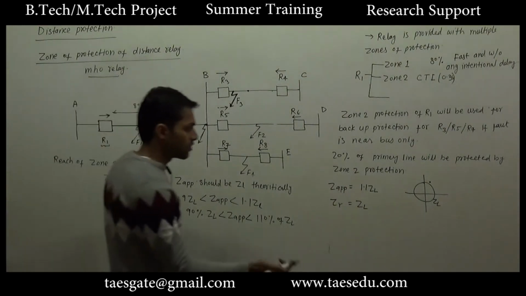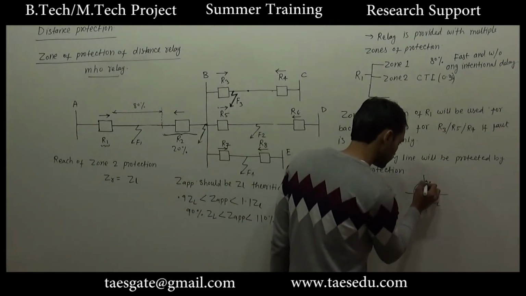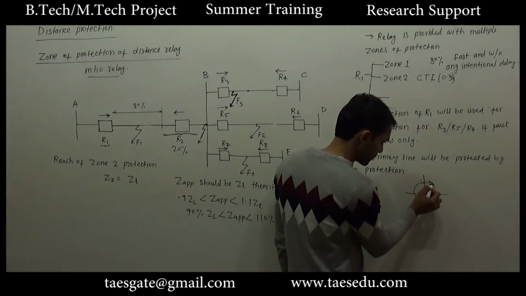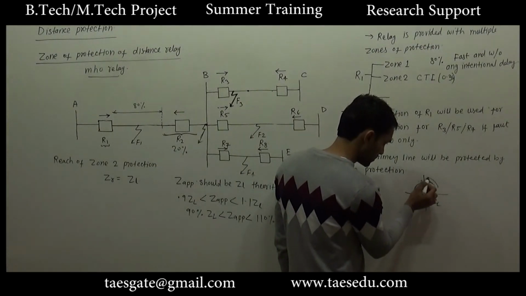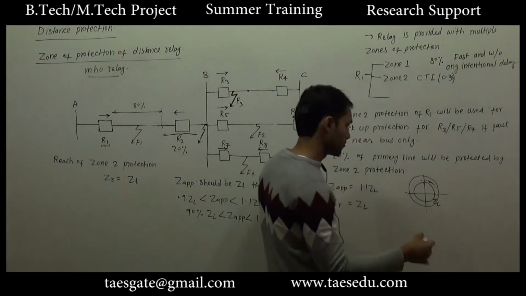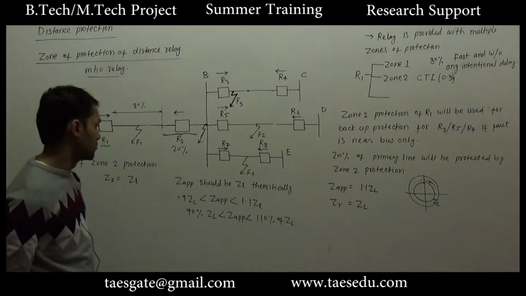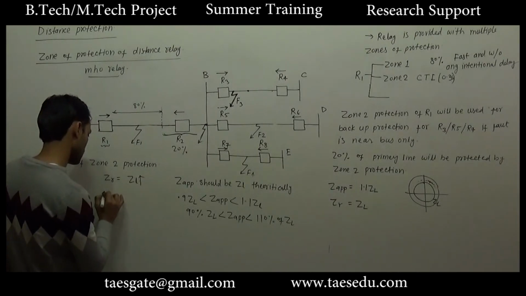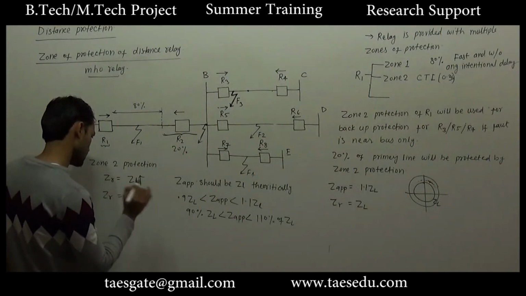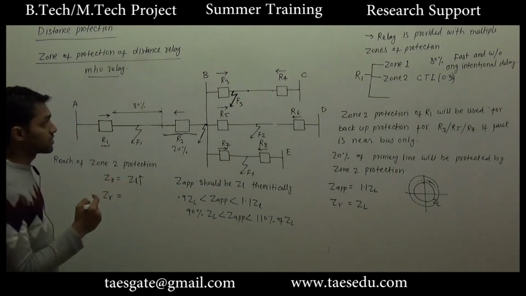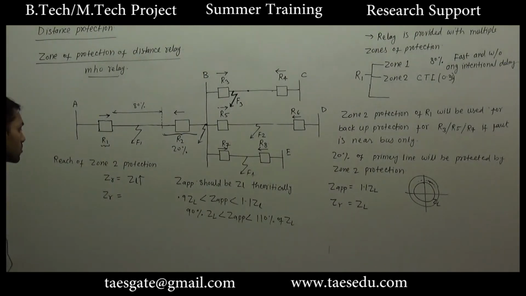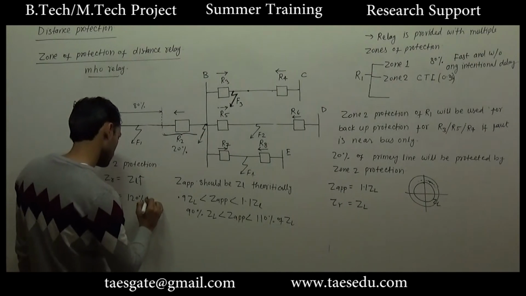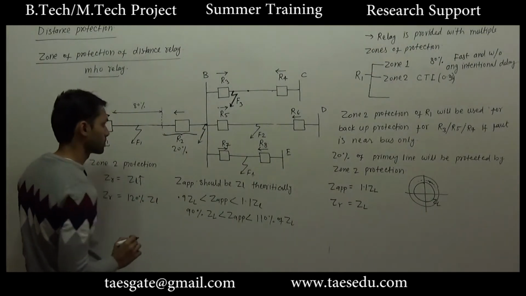Now, when will this fault be detected? If this point lies under the Z reference circle. So for that, we need to increase the value of Z reference. For a safe value, the safe reach of zone 2 protection is 120% of the primary line.